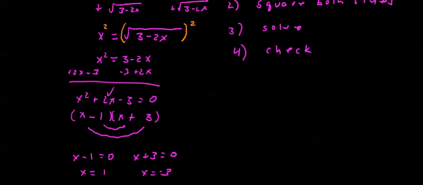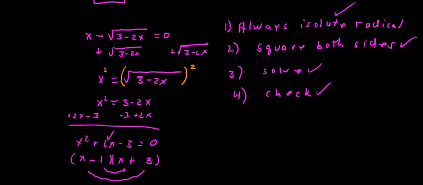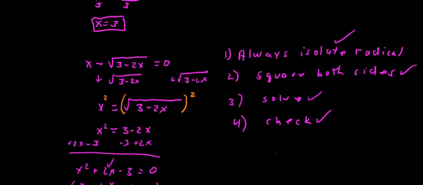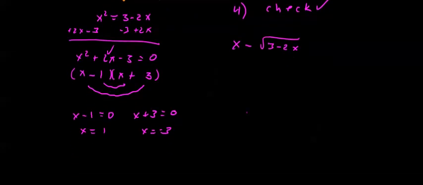All right, let's go over these steps one more time. Isolate the radical. Get rid of the square root by squaring both sides. Solve the equation that's left. And finally, check your answer. So we check in the original equation, x minus the square root of 3 minus 2x equals 0.